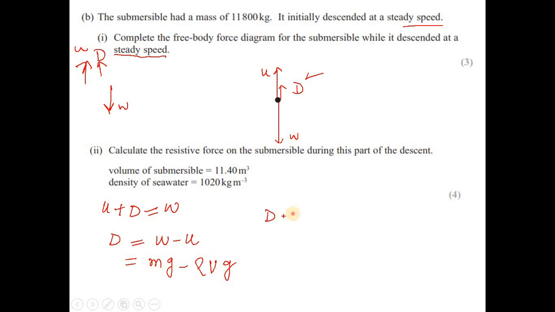So D would be equal to, m is the mass of the submersible, which is 11,800, times g, which is 9.81, minus rho, the density of the fluid, in this case the density of seawater, which is 1020, times the volume of the submersible, which is 11.4, times g, which is 9.81.